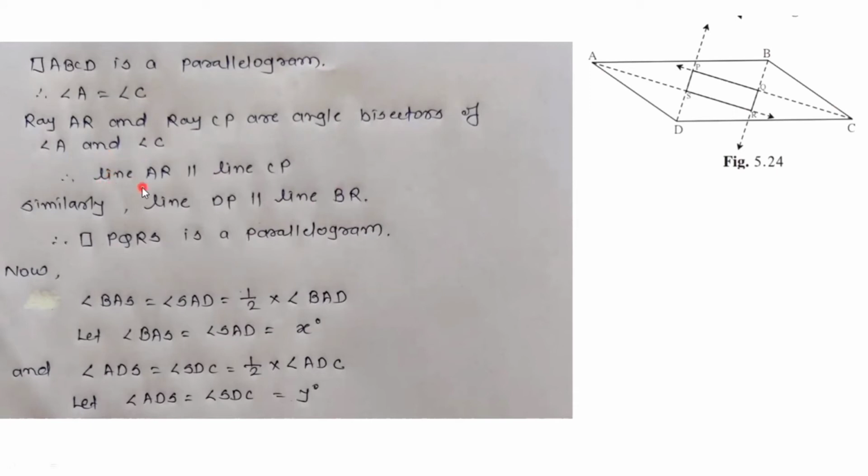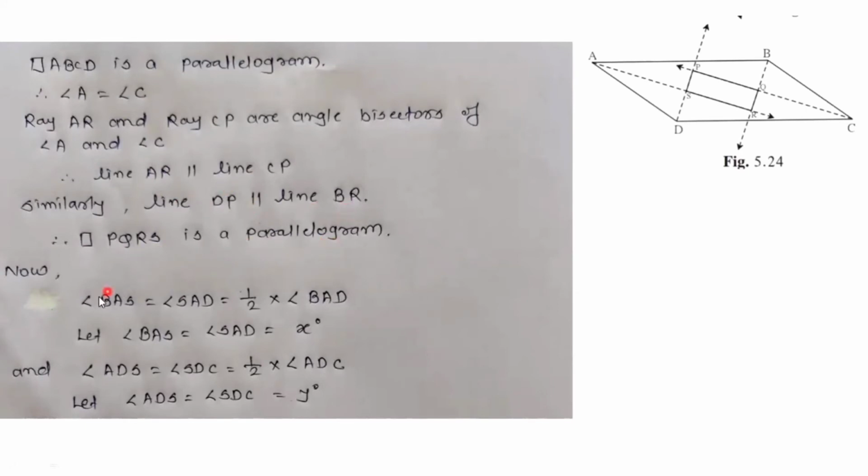So that's why the ray AR and ray CP are parallel to each other. Similarly, we can prove line DP and line BR are also parallel to each other. That's why quadrilateral PQRS is a parallelogram, as its opposite sides are parallel to each other.